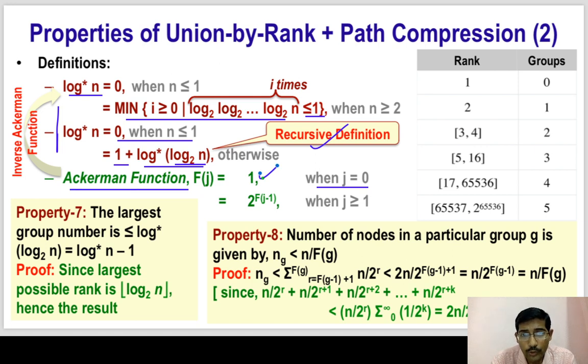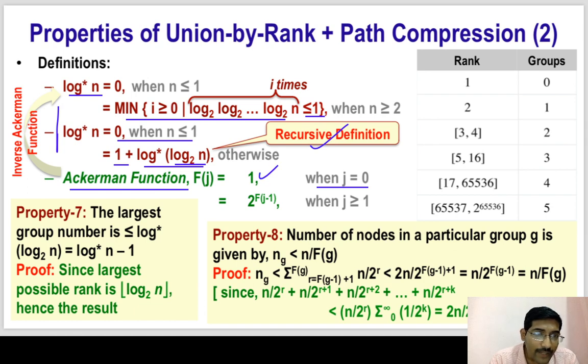Now see the growth of the Ackermann function. f0 is 1, f1 is 2 to the power f0, which is 2 to the power 1. f2 is 2 to the power f1, which is 2 to the power 2 to the power 1. f3 is 2 to the power f2, which is 2 to the power 2 to the power 2 to the power 1. So the number of powers of 2 gradually keeps on rising one after another.